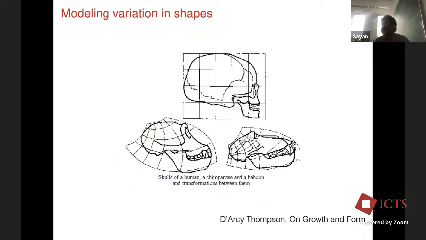Now, there's another version of this, which was more deterministic and more geometric. And this comes from Darcy Thompson. If you haven't looked at On Growth and Form, it's a beautiful book. The pictures are extraordinary.